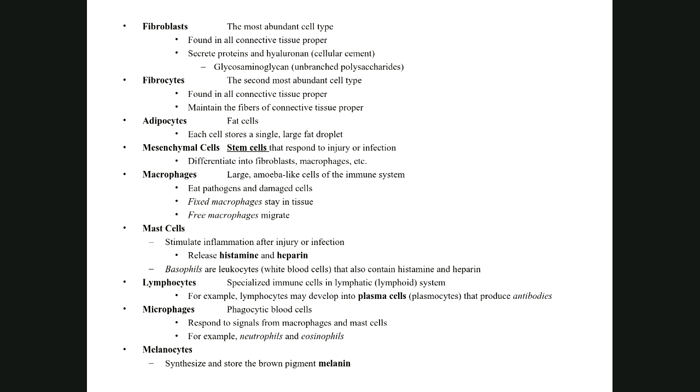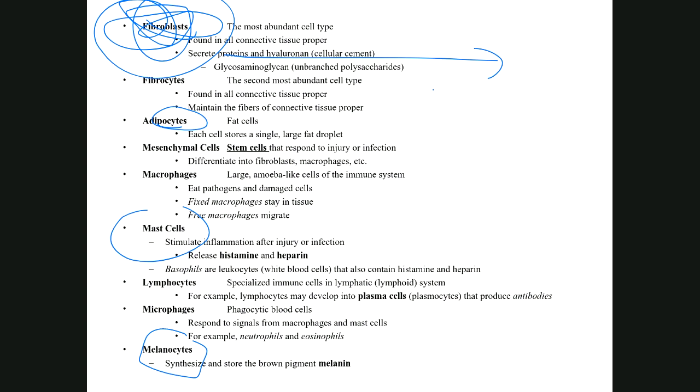Here we give you more descriptions of these cells. Focus on the mast cell, it's an important one. I talked about melanocyte, we talked about adipocyte, fibroblast. That's the one that produces collagen.